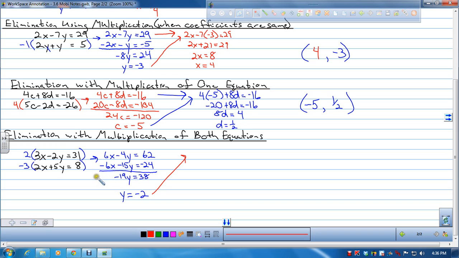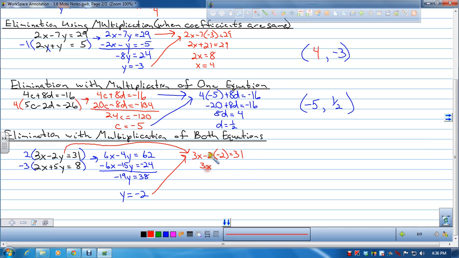So here's what I like to do. Do not put it in one of your altered equations. I'm going to take one of my originals, which is what it said in the instructions, and I'm going to put this negative 2 in for it. So 3x minus 2 times y, which is negative 2, equals 31.